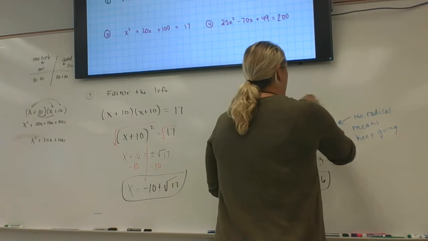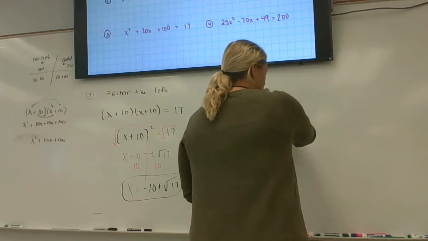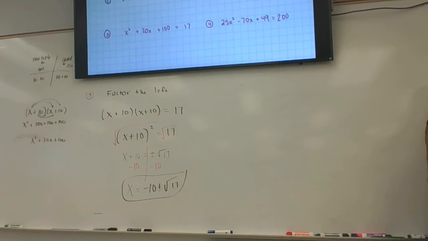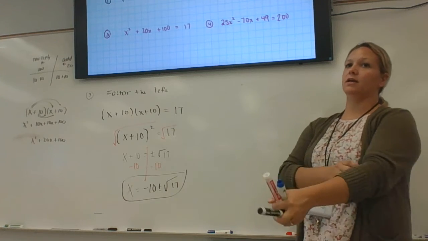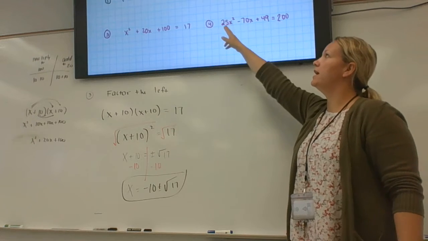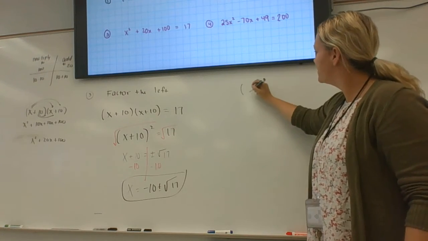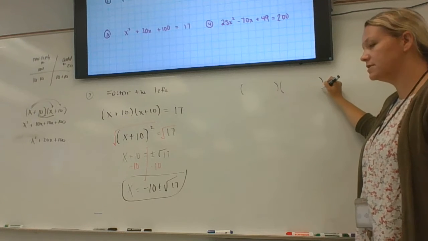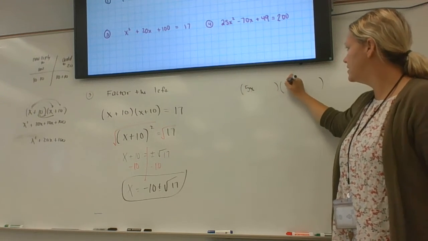Okay, number 4. Number 4 has bigger numbers, but it factors easily because this number is square roots and this number is square roots. So if A and C are perfect squares, when you factor them, you get your 2 sets of parentheses. The square root of 25 is 5.